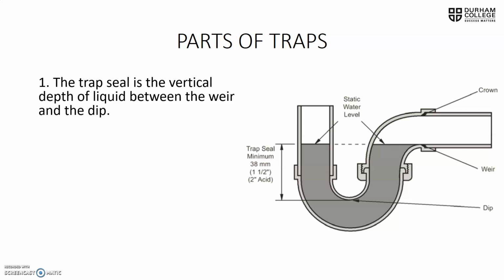So the trap seal, the liquid in the trap, is what prevents those gases from entering our homes and our buildings. This trap seal has to be a minimum of 1.5 inches, or 2 inches for an acid waste operation, as per the Ontario Building Code.